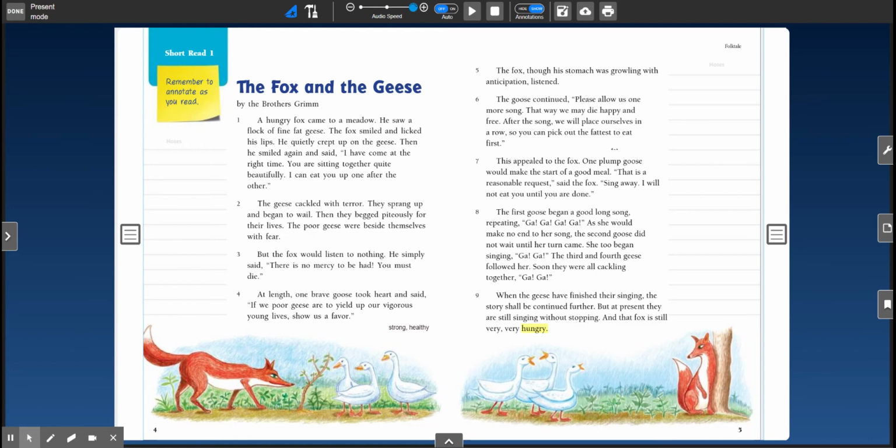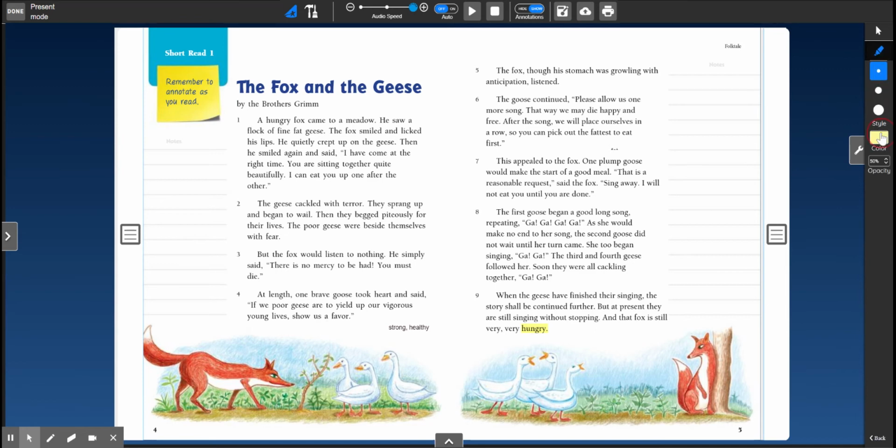Technically the geese are still singing and Mr. Fox here is still hungry. He had to keep up his end of the deal. When they stopped singing, he could eat them, but they're still singing. Pretty clever there, isn't it?